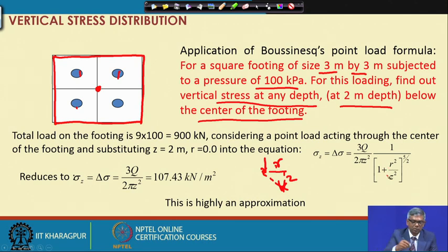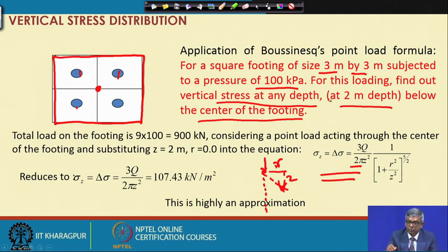In that case also, throughout below the depth of the loading, I can find out the stress using this equation. So this is the requirement: I have to find out the stress below the center of this footing. Now you can see this is the equation we have shown before, 3Q by 2 pi z square, into 1 by (1 plus r square by z square) to the power 5 by 2.